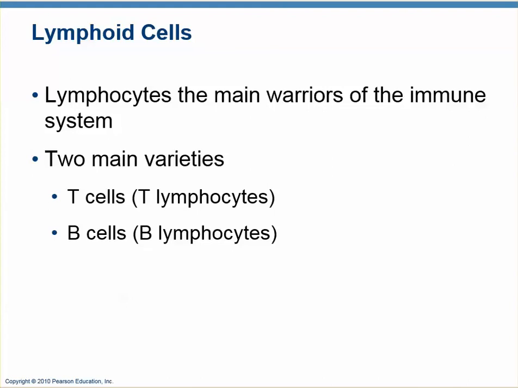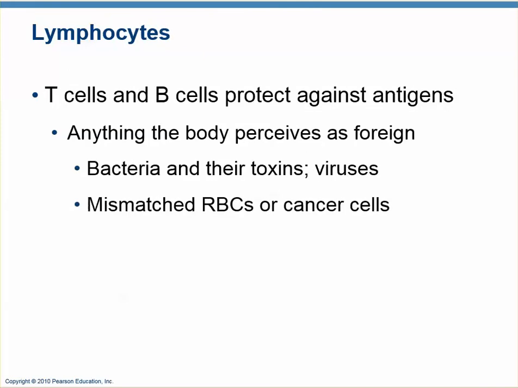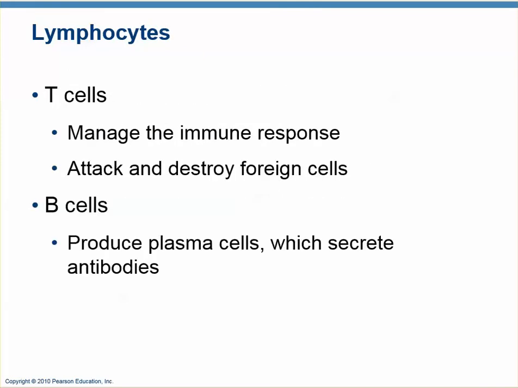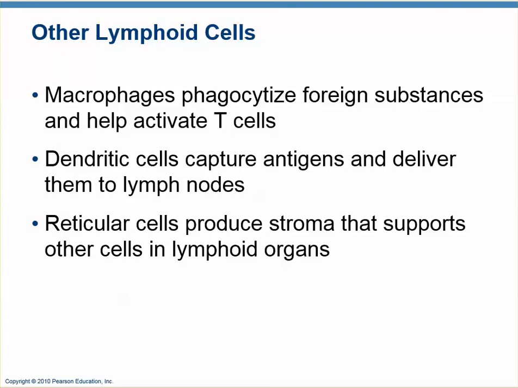We'll talk about the lymphoid cells, the lymphocytes, when we talk about the immune system. There are T lymphocytes, but we'll talk about them in depth with the immune system.